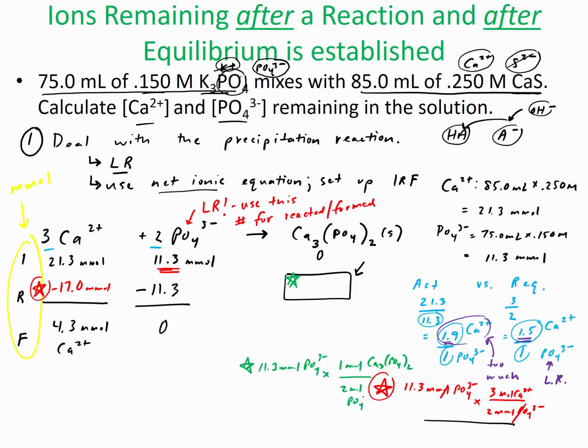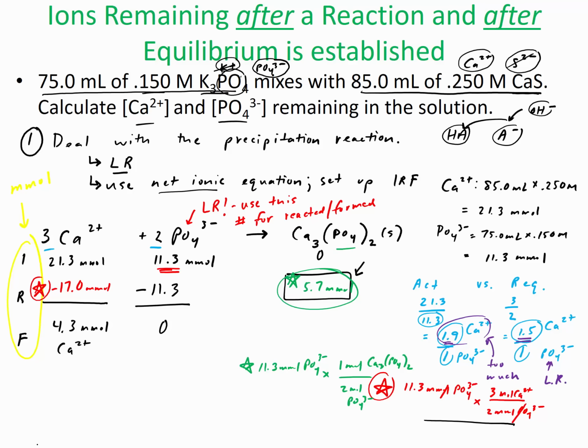My work is getting very crowded here. So this number would be, if you were interested, 5.7 millimole. But like I said, this problem doesn't ask for that. But if you wanted to know how much solid formed, you can figure it out from there. You would just use the molar mass and whatever.